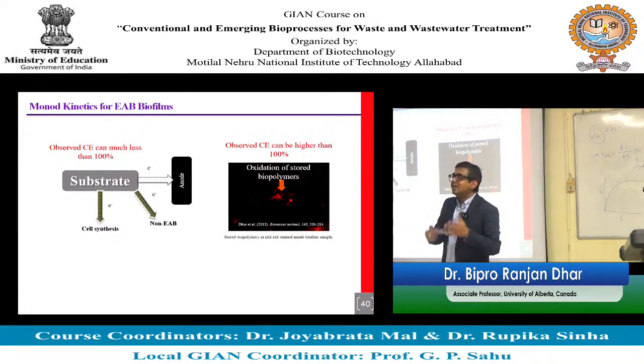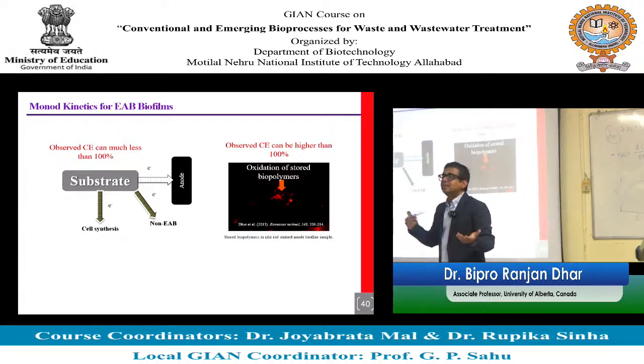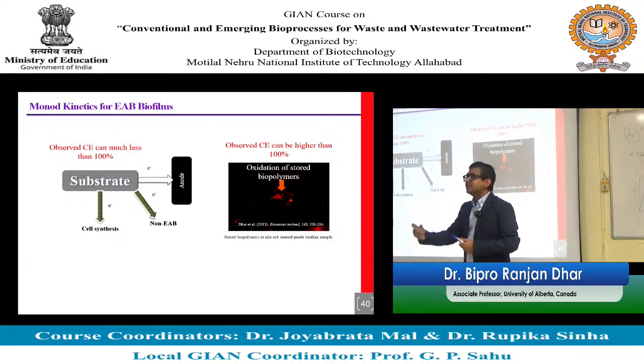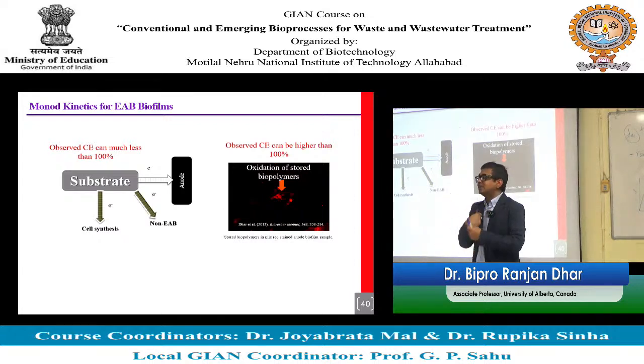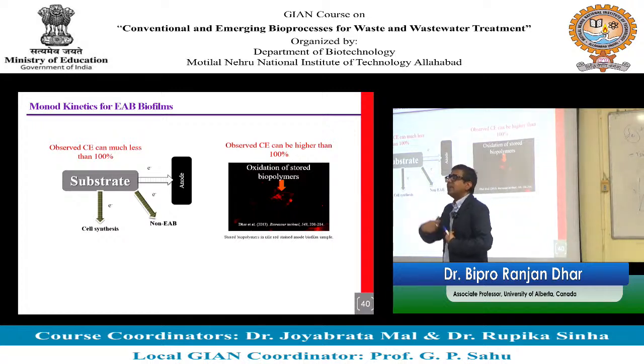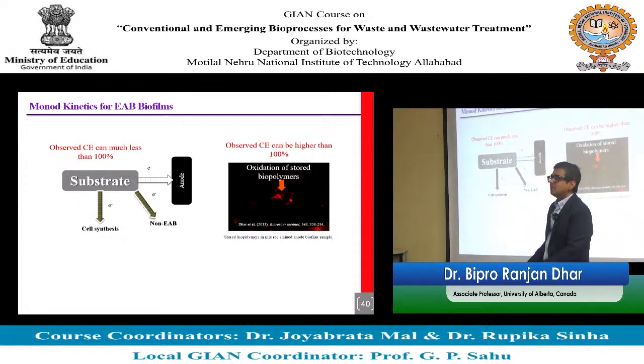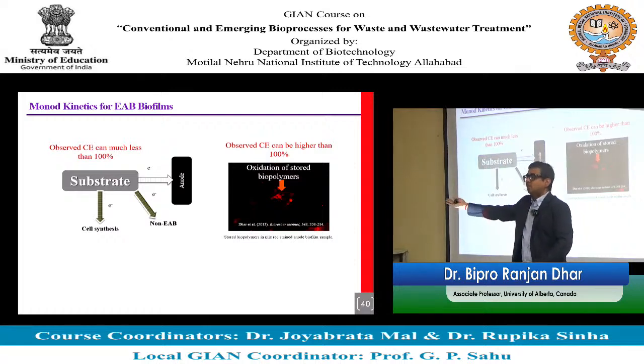When you run the system with a very high acetate concentration, sometimes they store the acetate as some intracellular biopolymer. And later on, they start oxidizing those biopolymers and transfer electrons. So you see your substrate is providing some electron donor, but you are getting more current than you should get.